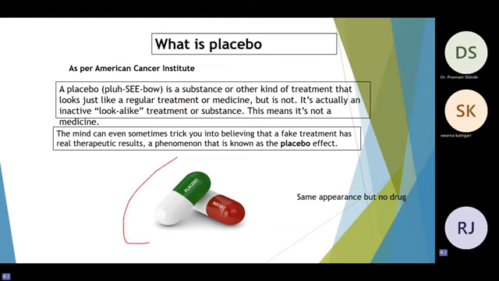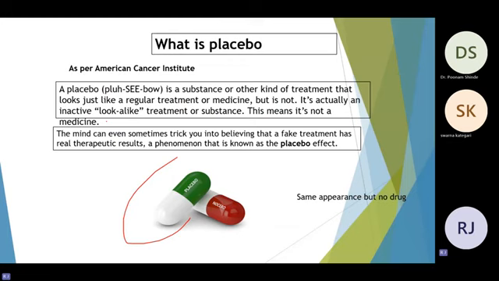So in a clinical trial, what do we do? Apart from the treatment, we also use an inactive substance. It will look like the original medicine, but it will not have any effect.